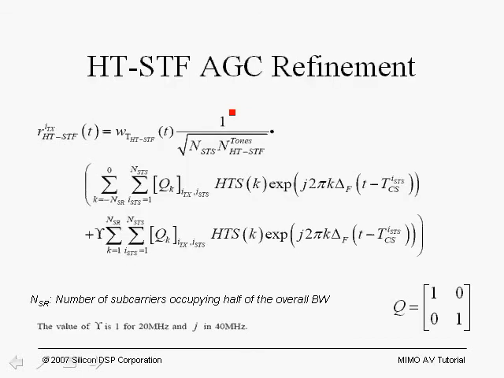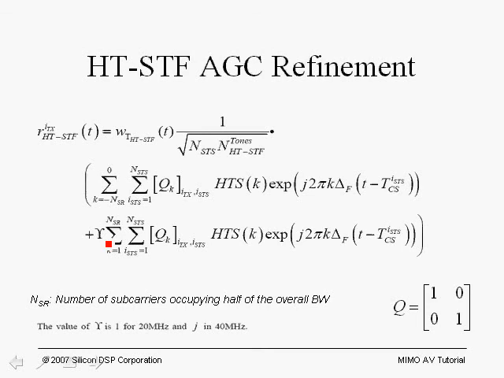The formula for the high throughput short training field is provided here, and just to note that we have two summations, and gamma is equal to 1 for a 20 megahertz system and equal to j in a 40 megahertz system. Let's consider a 20 megahertz system.